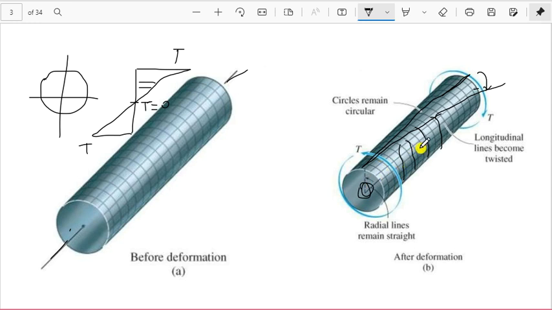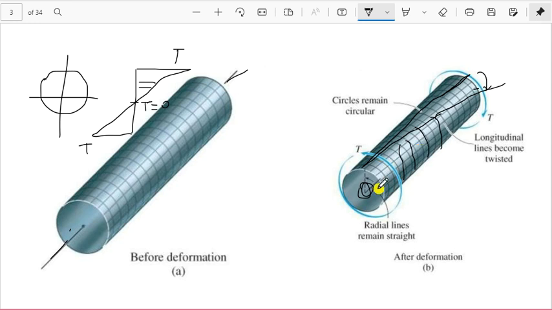Before deriving a torsion equation, we consider that the planes are as it is. There is no other deformation than the shear deformation.